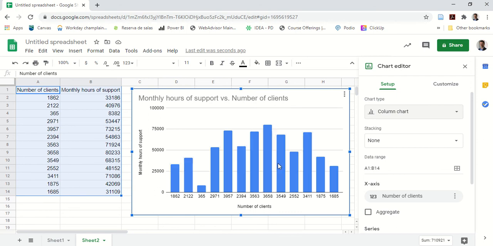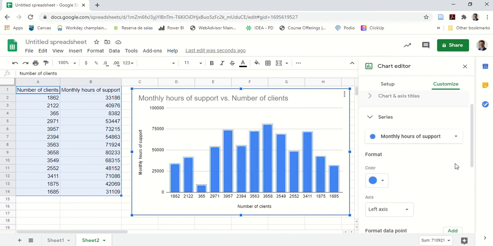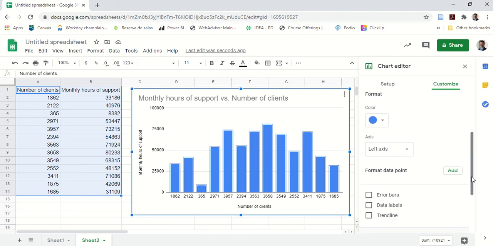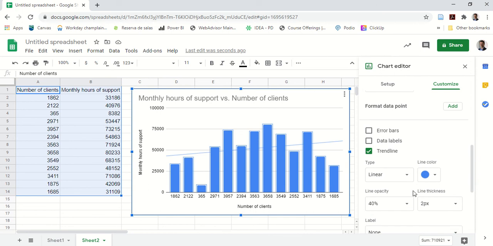But if you had made the chart like this, you can still come here and add a trend line. So you have the trend line there, and you see that it's not that clear that it's how it's working compared with what we had before, and you can still make it exponential or polynomial.